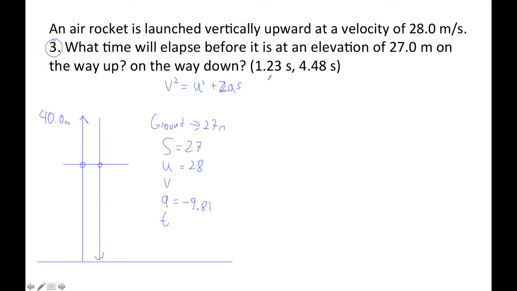Well, if I do that, right, v is of course going to be, the absolute value of v will be the square root of 28 squared plus 2 times a, which is negative 9.81, right, times 27. So let's figure that out. Square root of 28 squared plus 2 times negative 9.81 times 27.